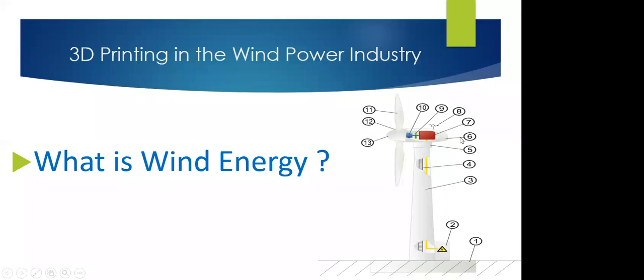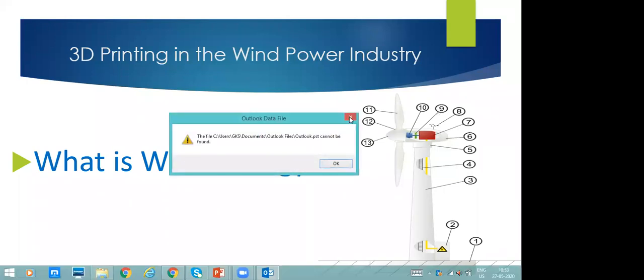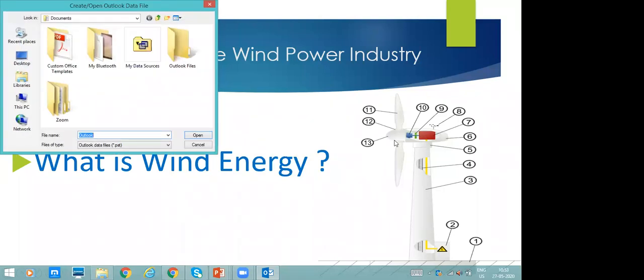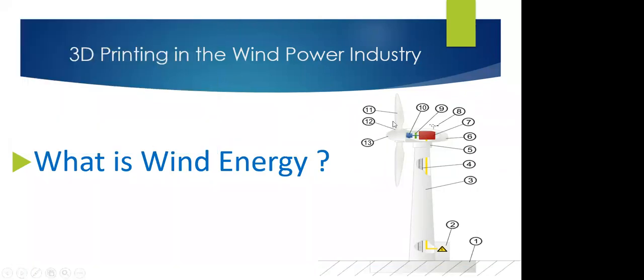And next, seven is generator, and eight is anemometer, ninth is electric or mechanical brakes, and tenth is gearbox, and eleven is rotor blade, twelve is blade pitch control, thirteen is rotor hub. These are the main components of the wind turbine.